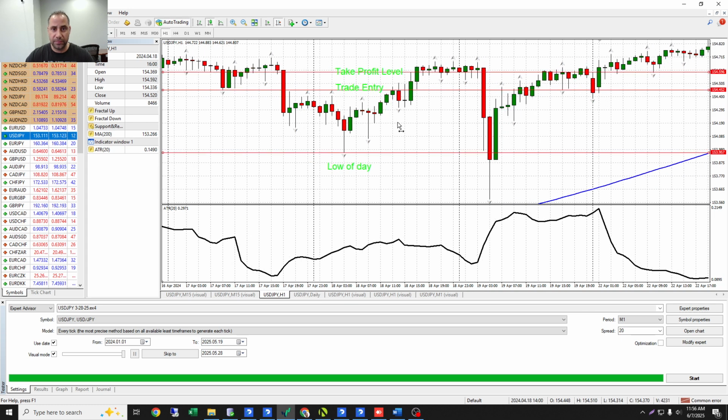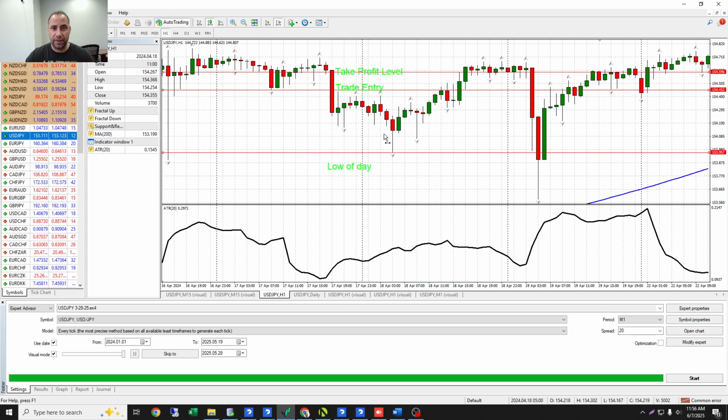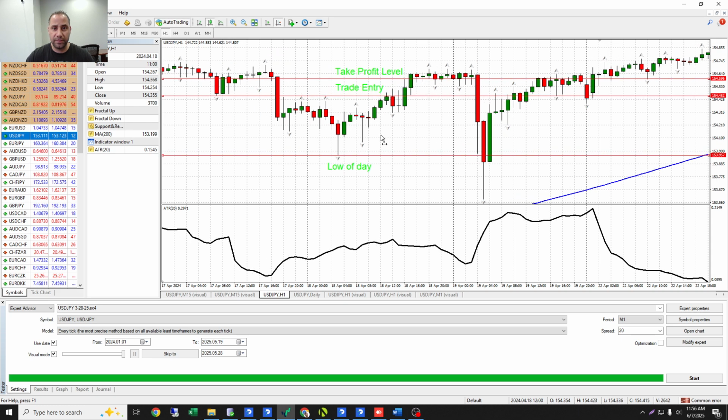So 687.80 is our 20-day ATR. Now, if we got into a trade at this candle, the system is going to take from the entry point to the low of the day. Since this is a long position, we look at the low of the day. If this was a short position, it would go high to entry.